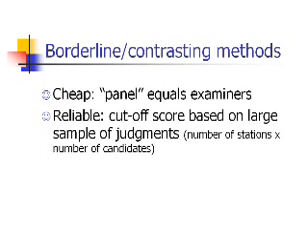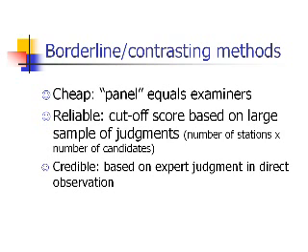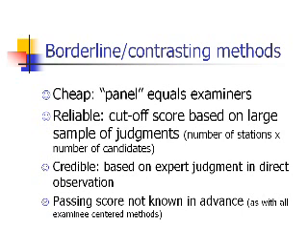Studies have shown that this outcome is indeed reliable, reproducible, meaning that suppose we had a different set of judges with a different set of stations with a different set of checklists, we would have come to the same sort of outcome in terms of passing score. It is credible because it's based on expert judgment who look at the performance in direct observation. The disadvantage is that the passing score is not known in advance.